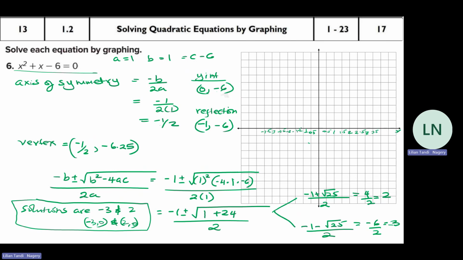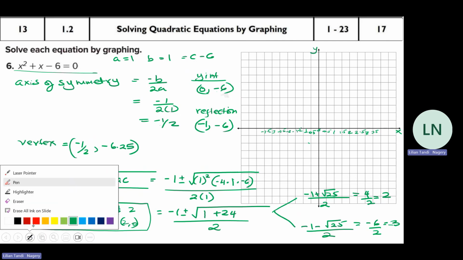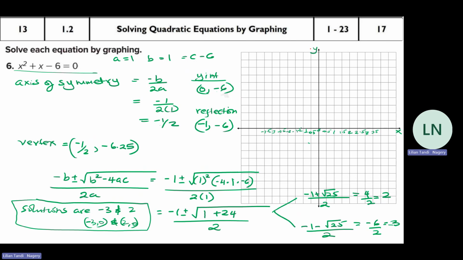Make sure your graph is, oh, this one will already be drawn for you. But even though, you should be able to sketch your own graph. All right, so axis of symmetry will be here. Why am I drawing a solid line? It should be a broken line.